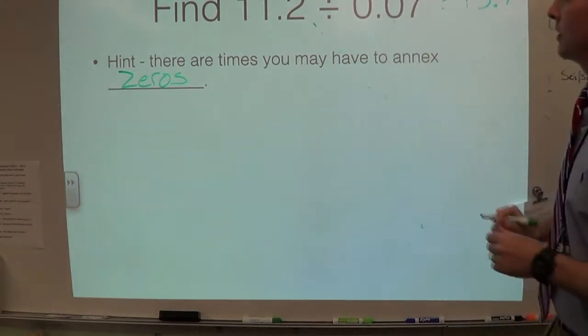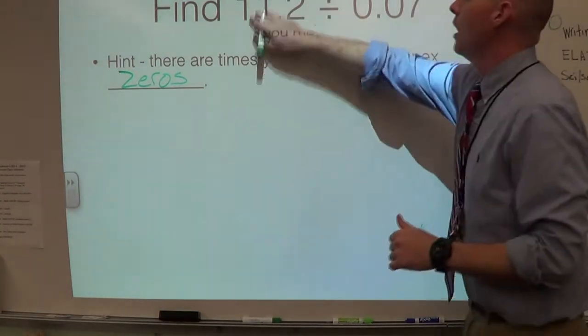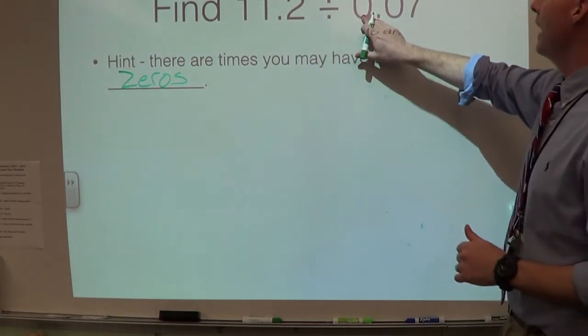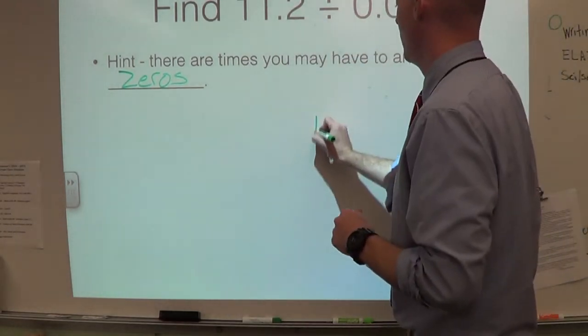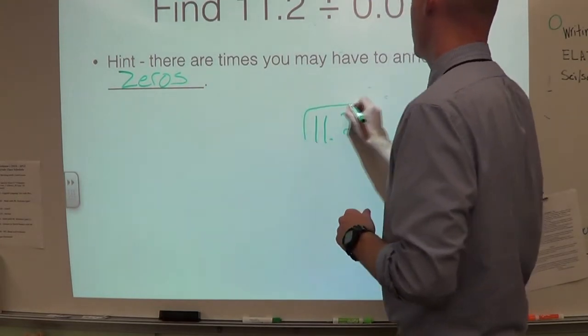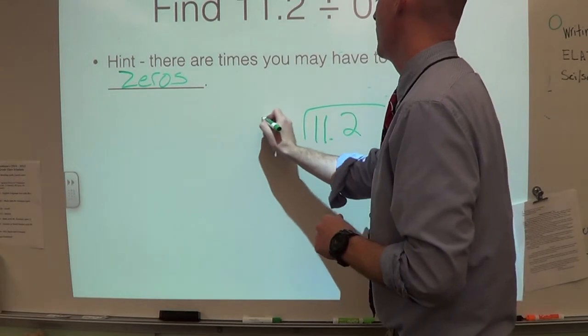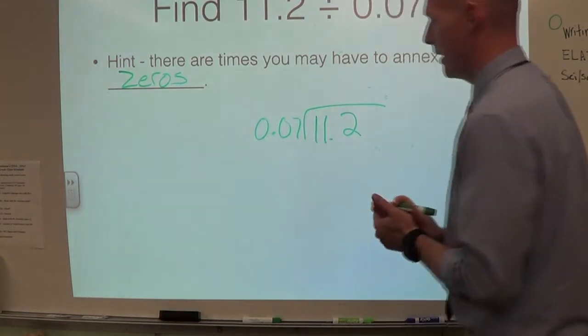So let's look at this one for example. We are going to find 11 and 2 tenths divided by 7 hundredths. So let's set it up normal. 11.2 goes on the inside, and 0.07 on the outside.